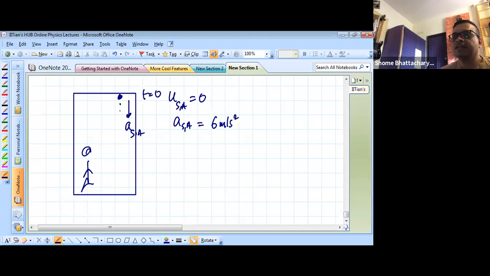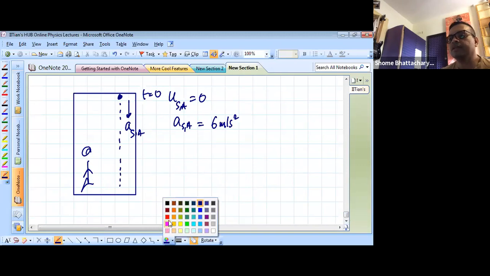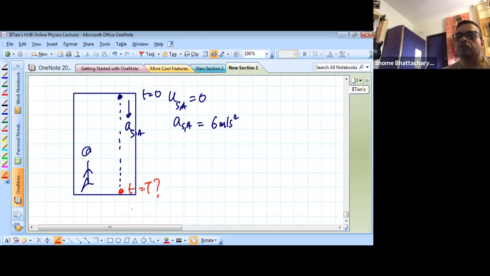And then it crashes against the floor at another time. At some t equal to capital T, let's say, which we don't know, it's hit the floor. But we know that with respect to him, it's moved through a height of 6 meters.